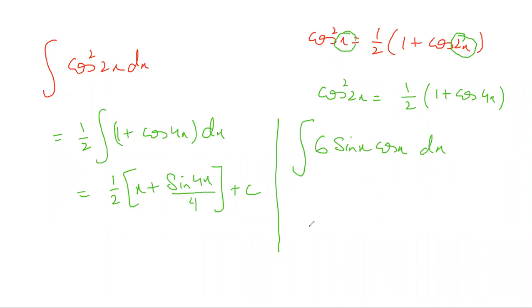The sine 2x formula says that sine 2x is 2 sine x cos x. So you can change this with 3 sine 2x. And here you have its integral, that is minus 3 over 2 cos 2x plus c.